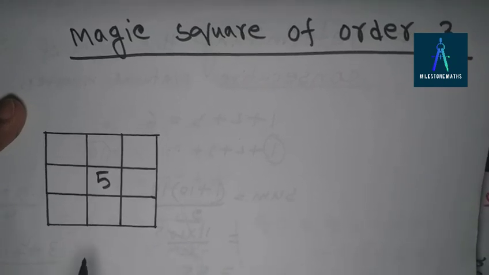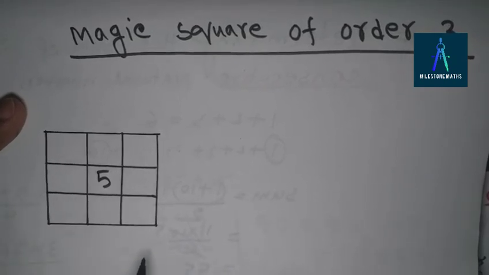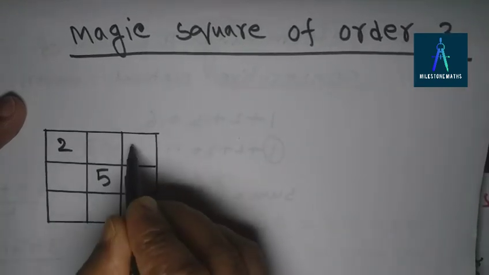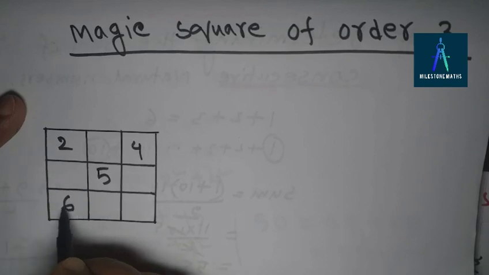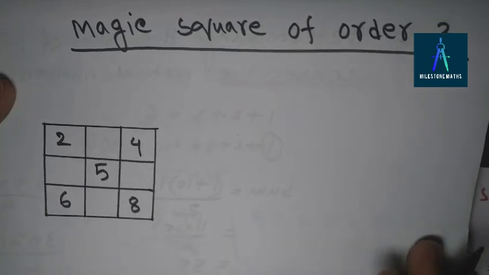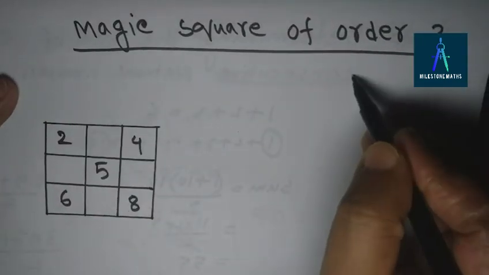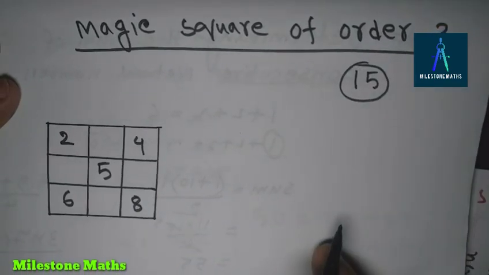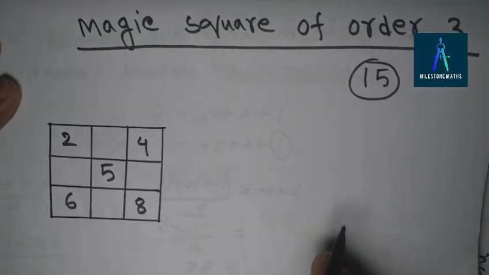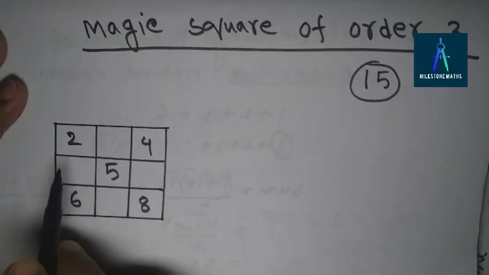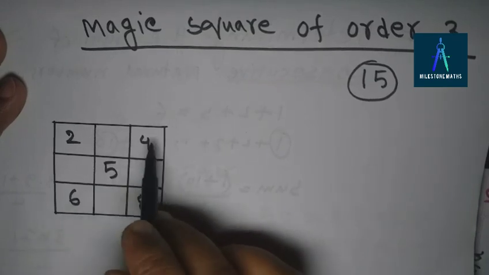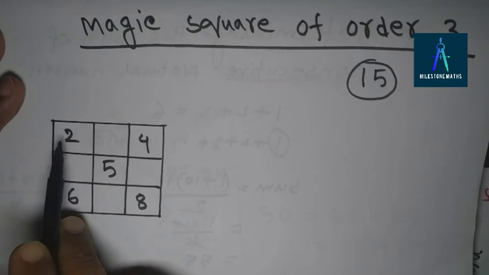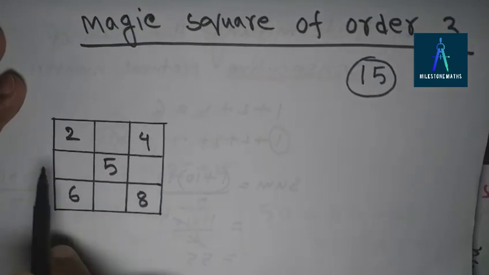Then I will put consecutive 4 even numbers in the 4 corners. So 2, 4, 6, 8. Okay students, so the magic number of the magic square of order 3 is 15. And if we add diagonally it will be 15, if we add lengthwise it will be 15, if we add breadthwise it must be 15.